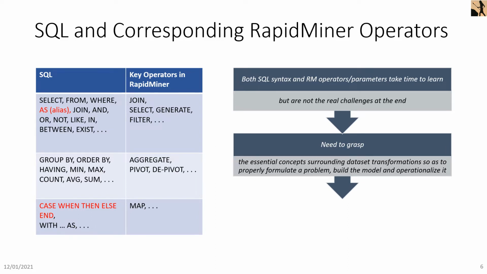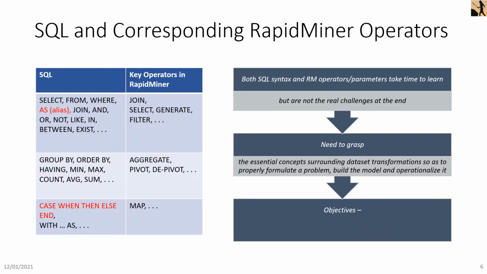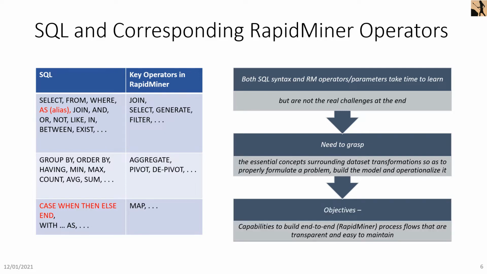What is important is that we grasp the essential concepts surrounding database transformations, so that we can properly formulate a problem, build a model, and operationalize it. The objective here, as we have consistently had in this series of tutorials, is to build up our capabilities to build end-to-end RapidMiner process flows that are transparent and easy to maintain.